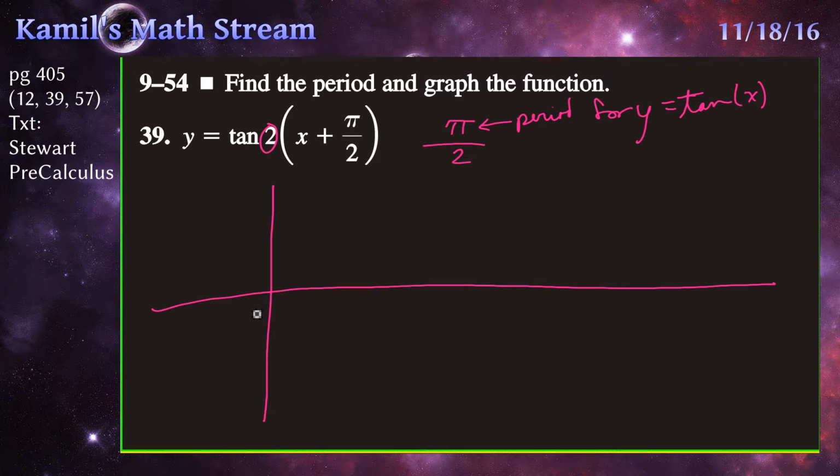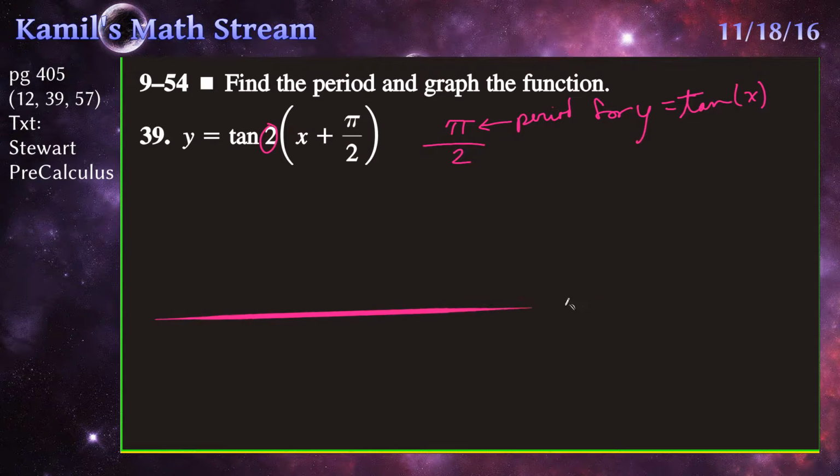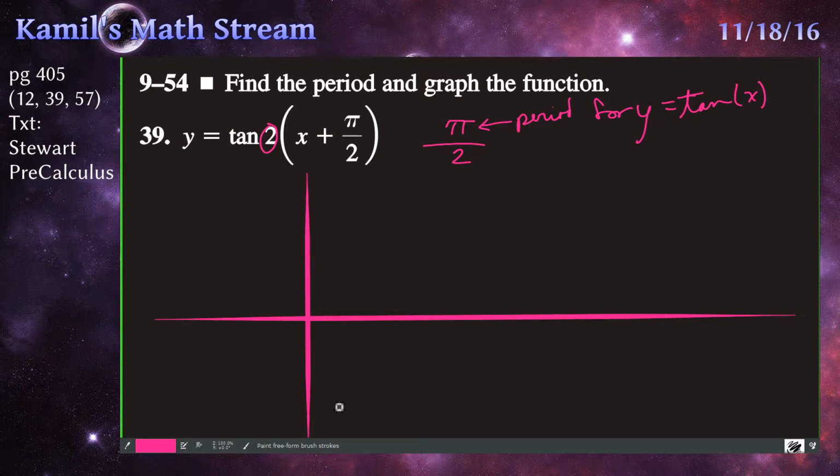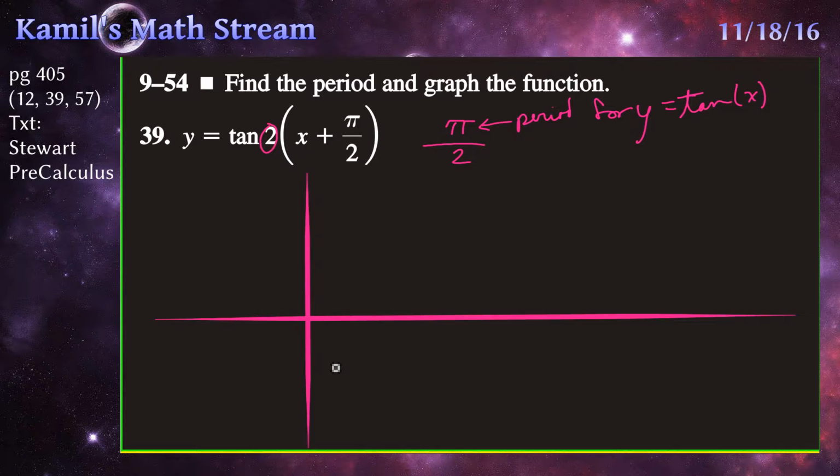Again, we have our little graph here. If we do that, our asymptote has to be at pi over 4 and pi over 2, and all those increments around that.